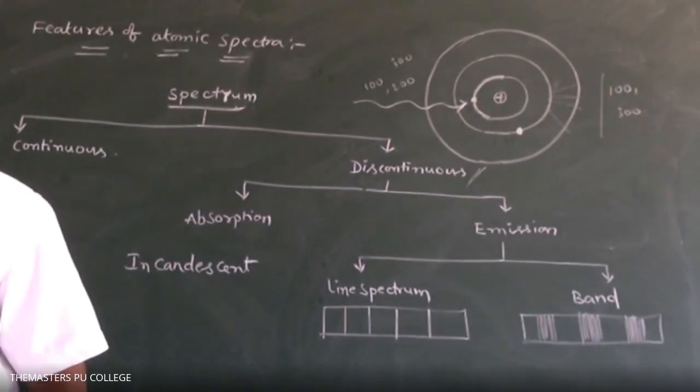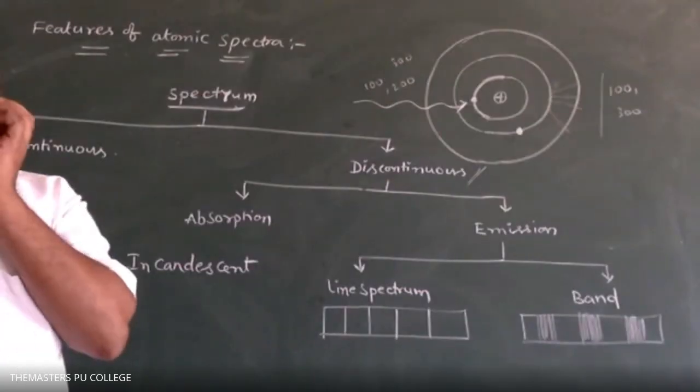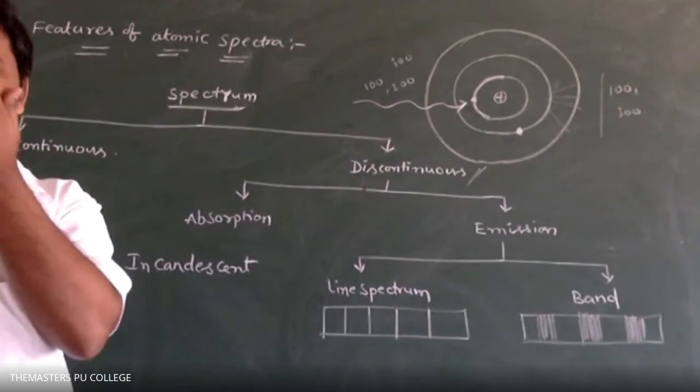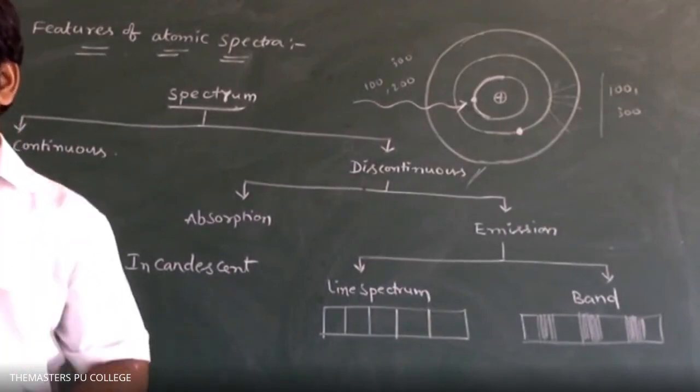Next, it is characteristic of molecules, hence it is called molecular spectrum.